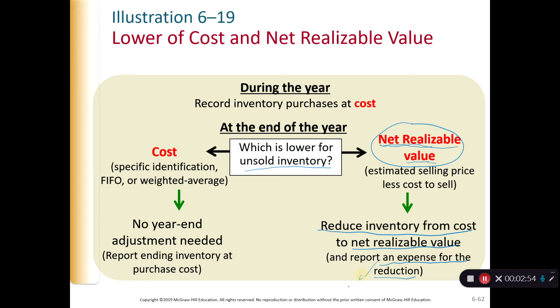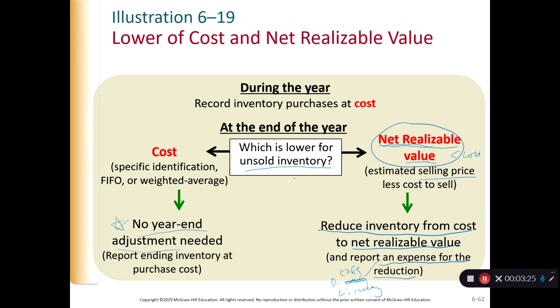This expense is recorded against inventory for the previous period: debit cost of goods sold and credit inventory, because your net realizable value is less than the cost. And if your cost is still less than the net realizable value, meaning the selling price of the product, then there's no need for a year-end adjustment to bring down the inventory account.